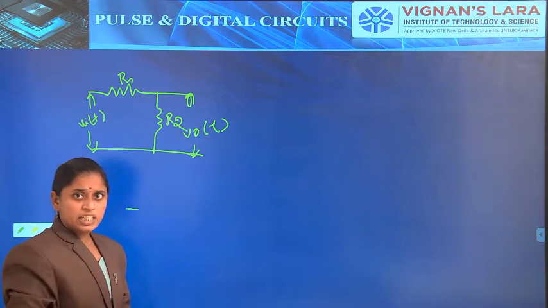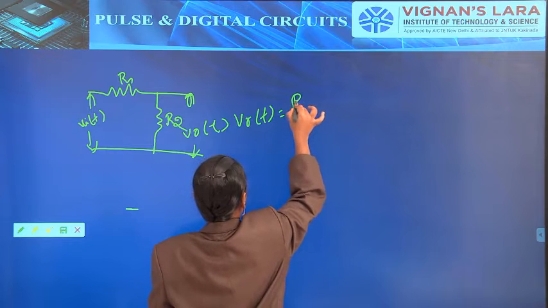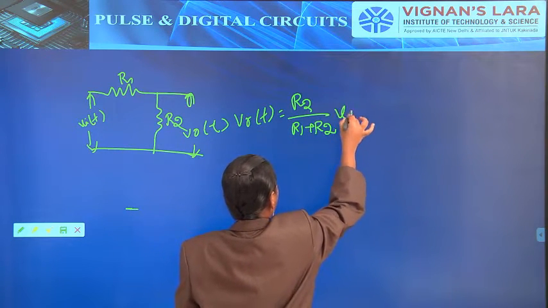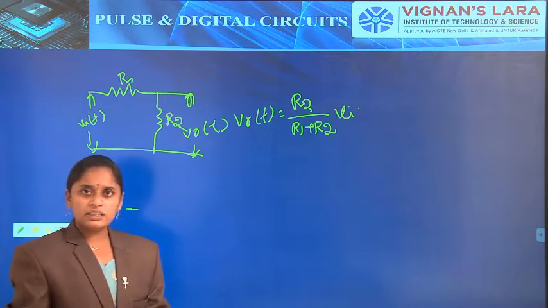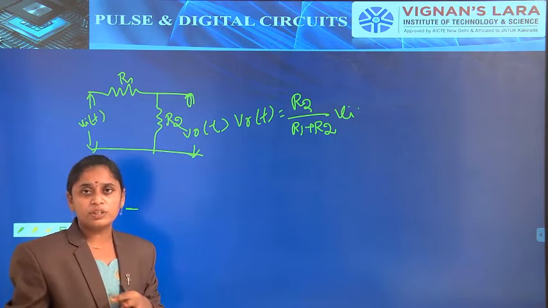So simply we can say that V0 of t is equal to R2 by R1 plus R2 into Vi. But there is error, so we can't generate this type of attenuator circuit in real time.